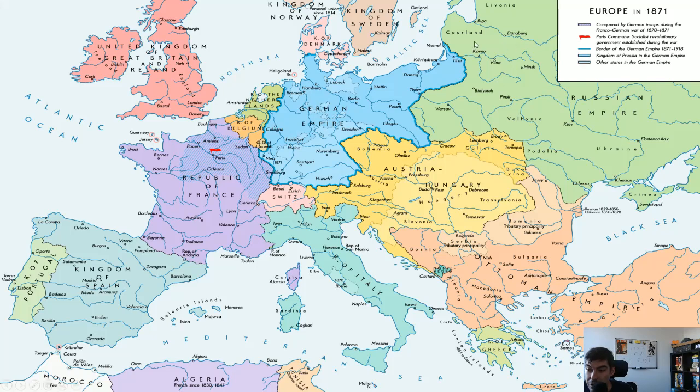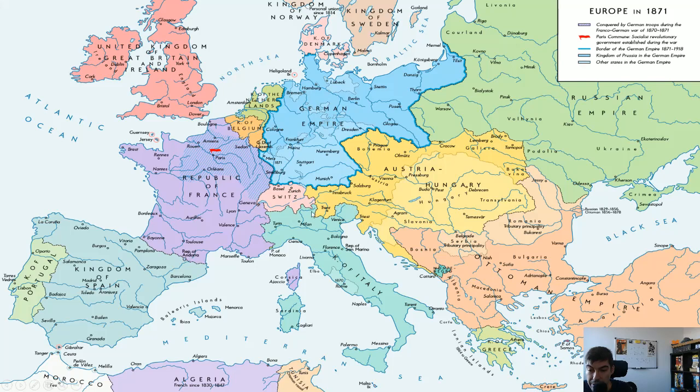So, this is the map of Europe in 1871. We have the Second Reich, the German Empire, with all the German states unified. Okay, in the German Empire, Austria was out of this German Empire, and these are the regions of Alsace and Lorraine, which were annexed by the German Empire and taken from the newly formed Republic of France, the Third Republic of France.